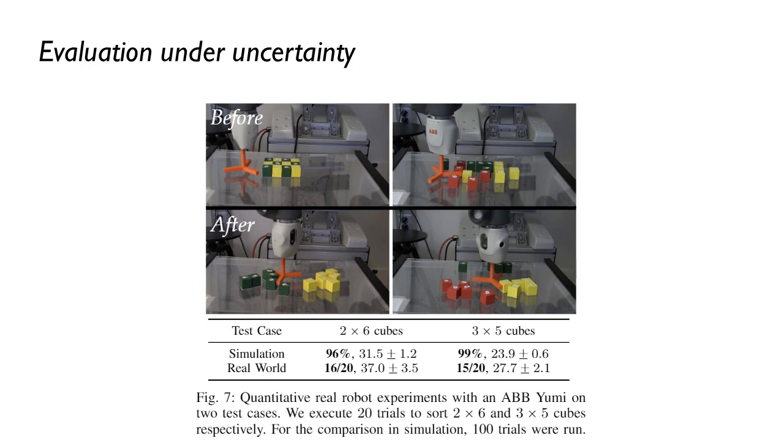Lastly, we run the planner on a real ABB YuMi for two test cases. Due to hardware limitations, the workspace in real robot experiments is significantly smaller than in simulation. The results are compared in the table. In simulations, we observe very few failures for these test cases, but we observe more on the real robot.